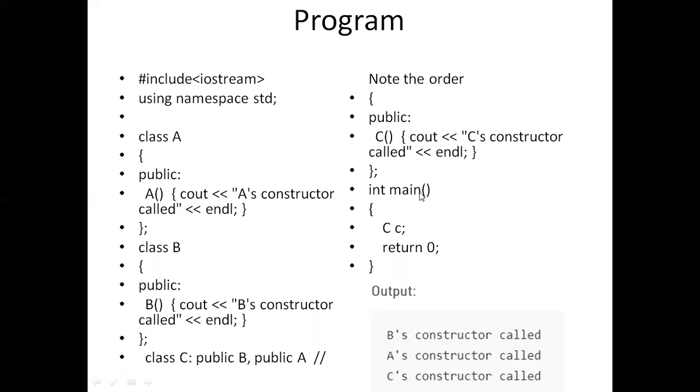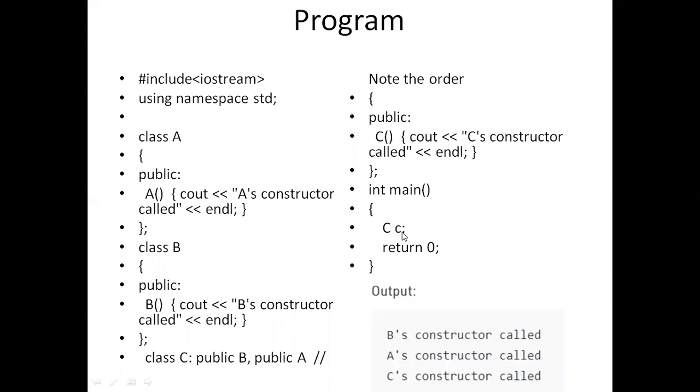Okay, now here int main. We replace it with void main. Void main, C and C. There's no need to mention it twice here, so to avoid this, we mention C obj.